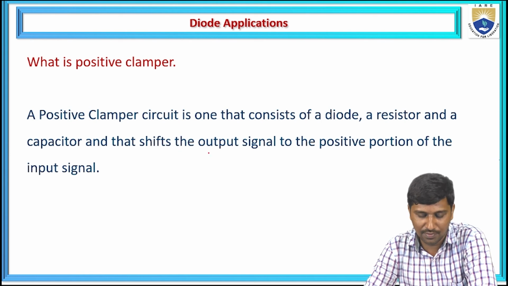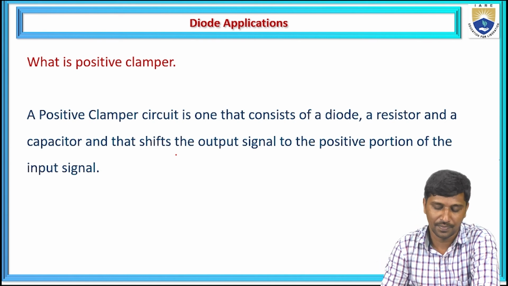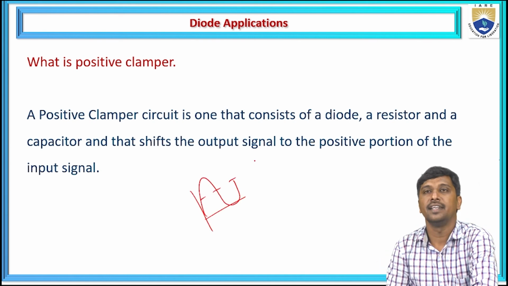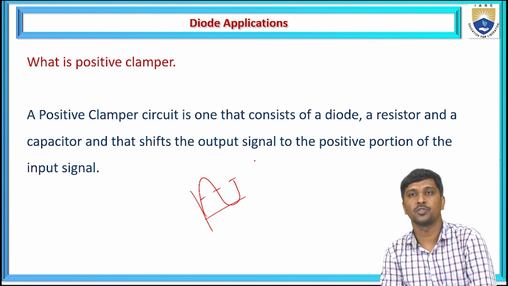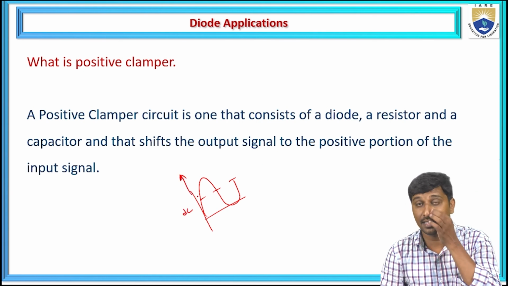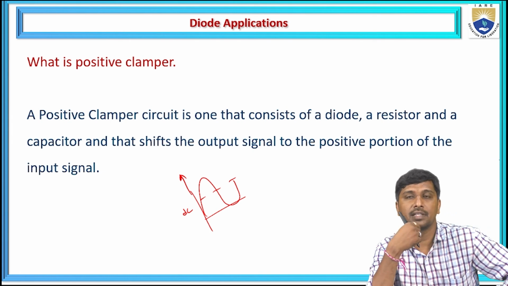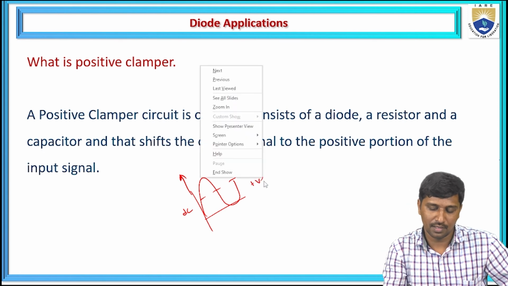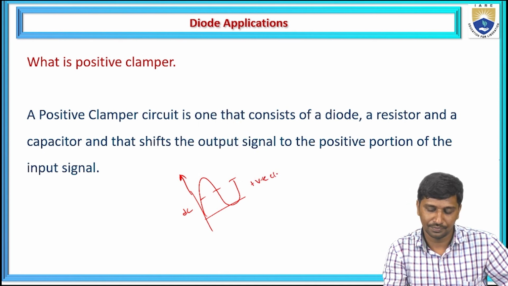That means the entire output signal should be lifted and shifted to the positive portion, so the DC level is adjusted at the positive portion. This way of adjusting the DC level at the positive portion is called a positive clamper.